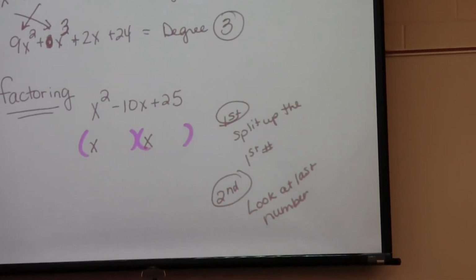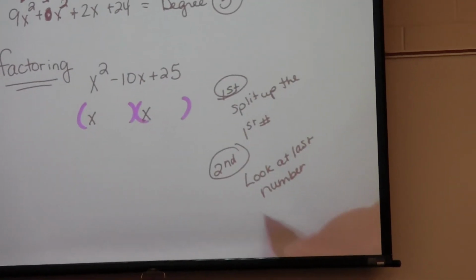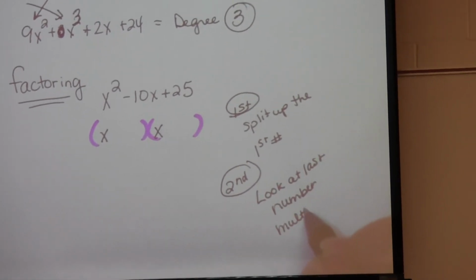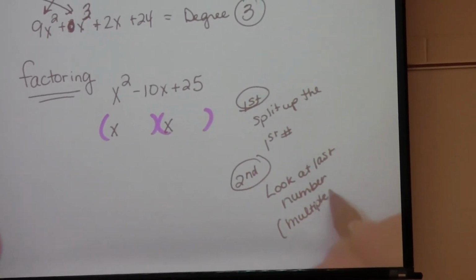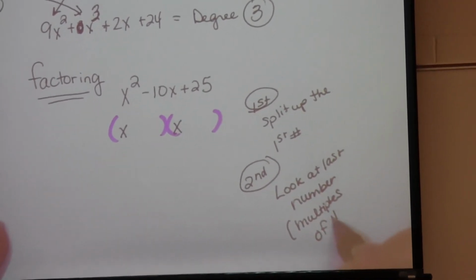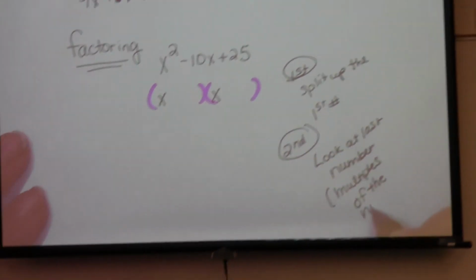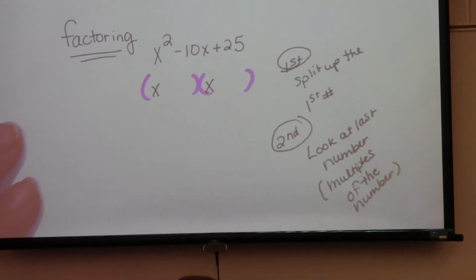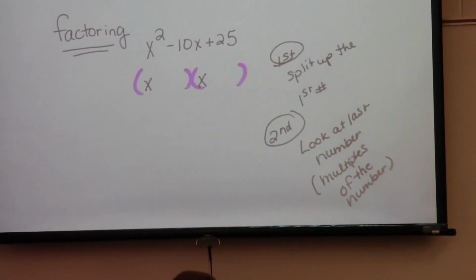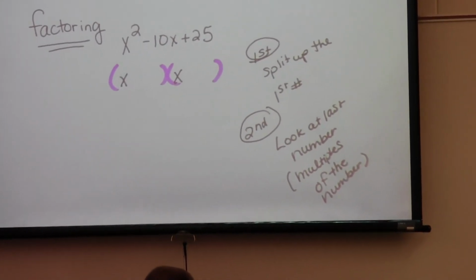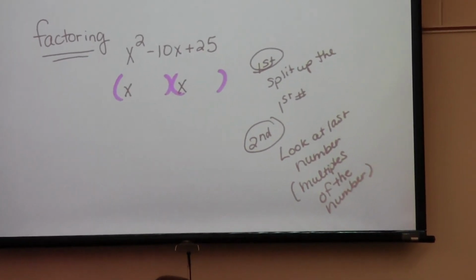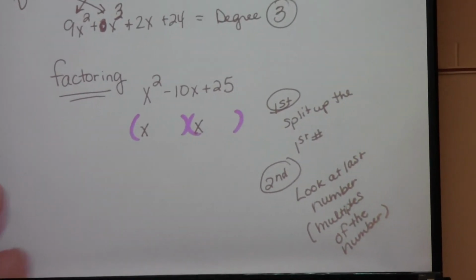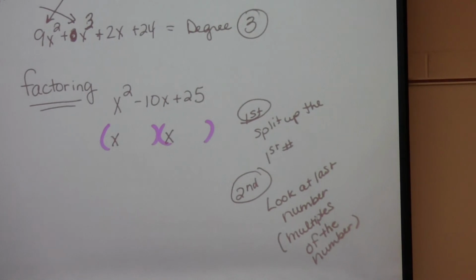And when I look at that last number, I'm looking for multiples of the number. Or in other words, what can I multiply to give me 25? Well, the only thing that comes to my mind for 25 is what? 5 and 5, right? So, I would try it.